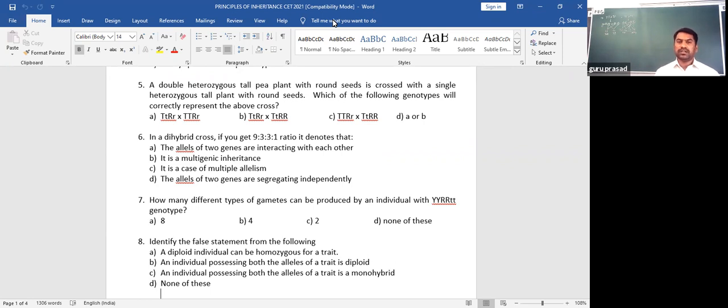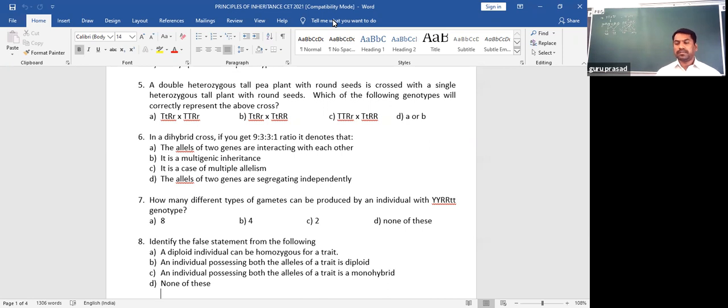As per the question, the tall double heterozygous is applicable. Cross with a single heterozygous, another parent, that is capital T, capital R, small r. One is homozygous, another is heterozygous. So single heterozygous. So as per the question, option A is the answer.